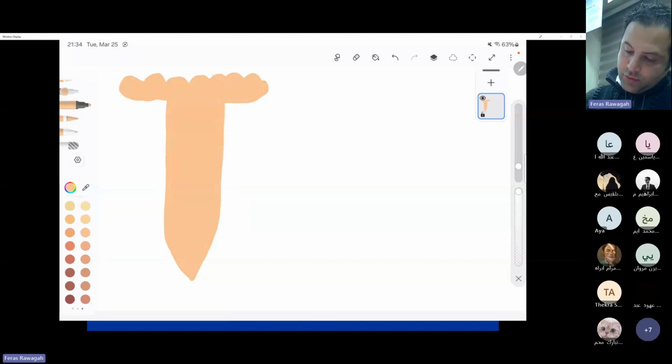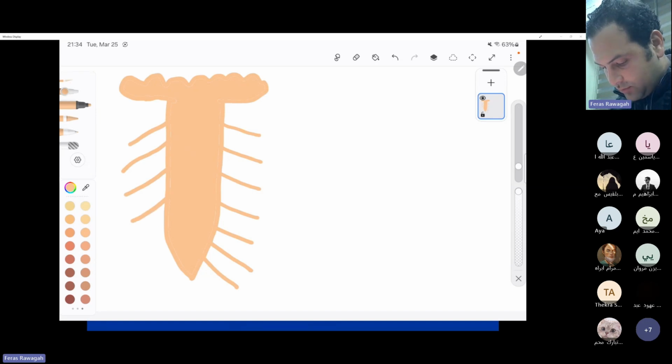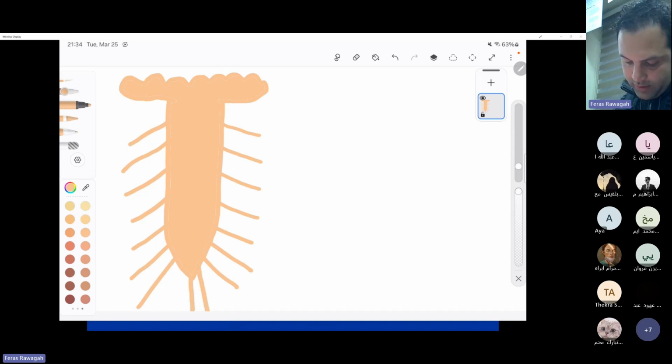And suppose that those are the nerve roots coming out of the spinal cord. And this is the cauda equina here. Okay.